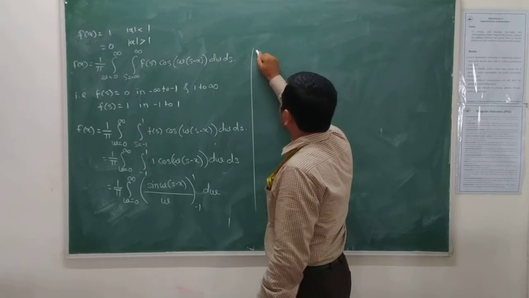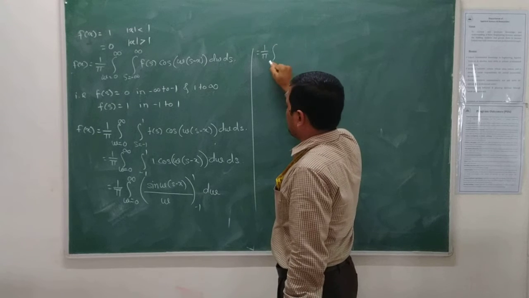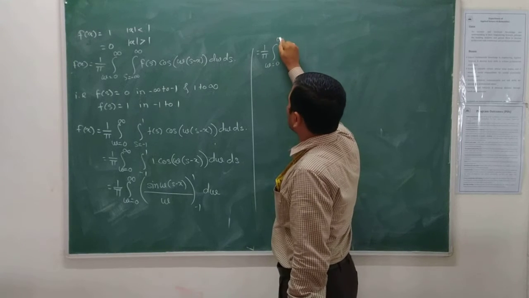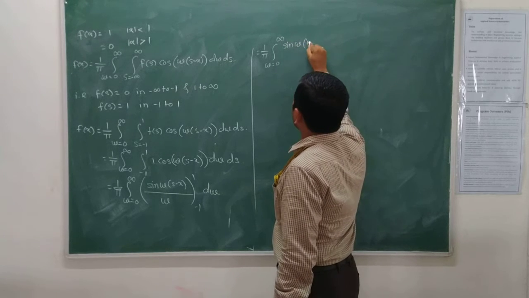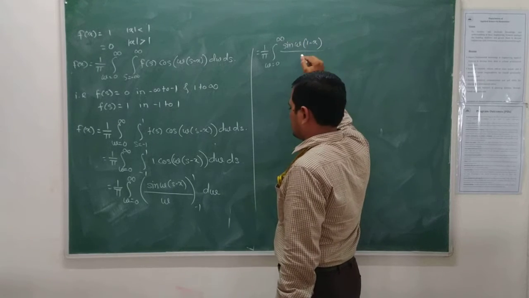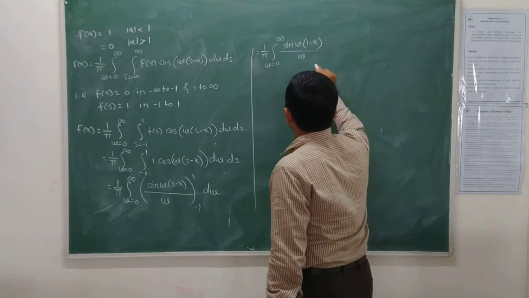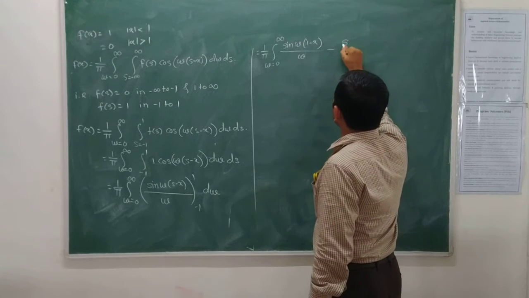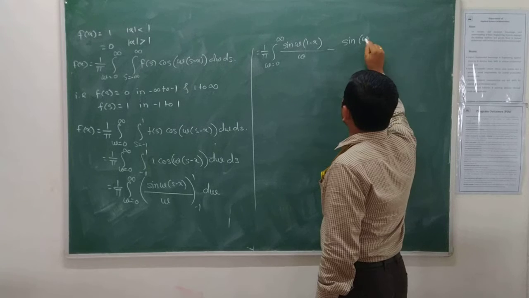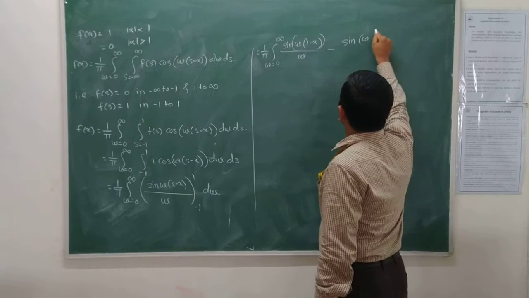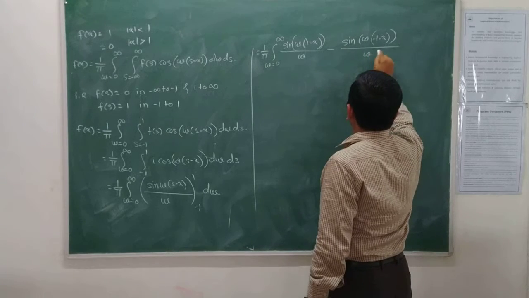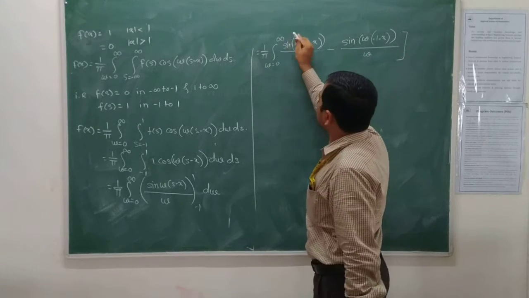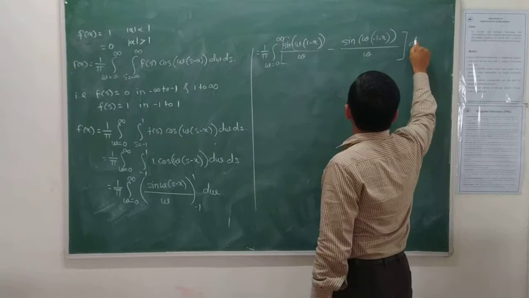Hence we get 1 upon pi integration omega equal to 0 to infinity, sine of omega into bracket 1 minus x divided by omega, minus sine of omega into bracket minus 1 minus x divided by omega, d omega.